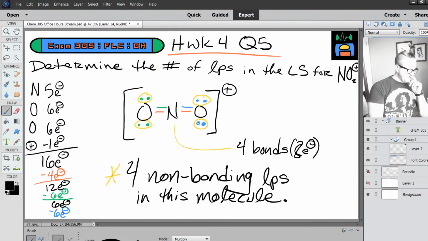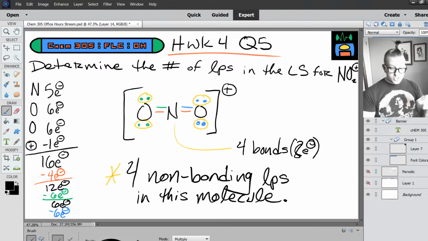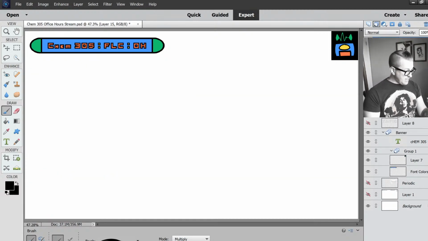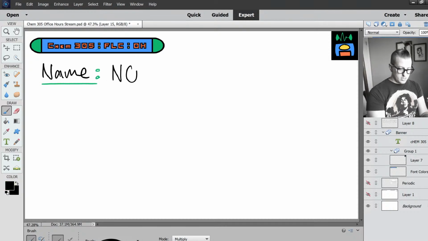All right. So now I'm at Esther. Esther, you asked, how do you name this molecule, NO2?